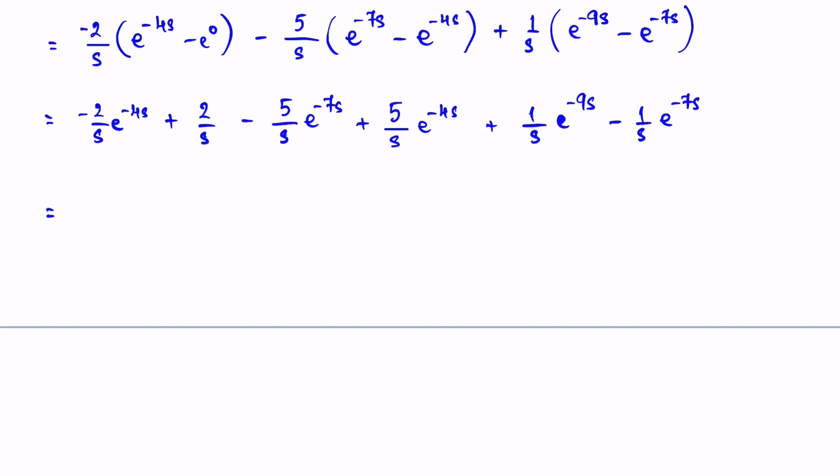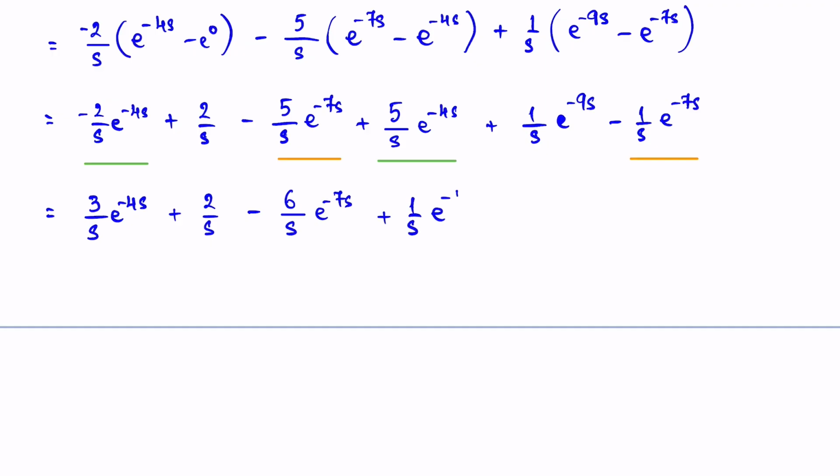Okay. So e to the negative 4s, e to the negative 4s, combine them together, you get 3 over s times e to the negative 4s, plus 2 over s, e to the negative 7s, e to the negative 7s. That gives you negative 6 over s times e to the negative 7s plus 1 over s times e to the negative 9s.